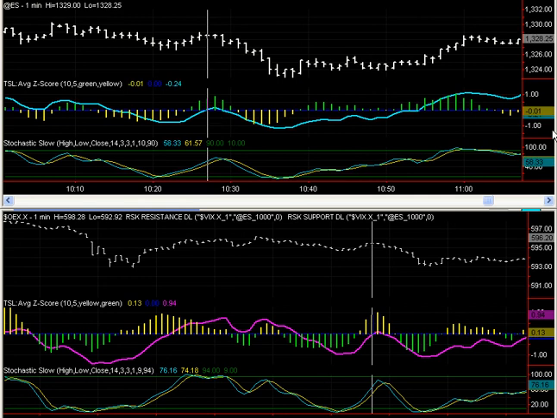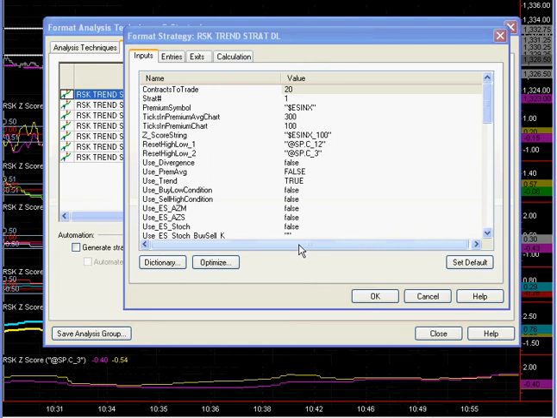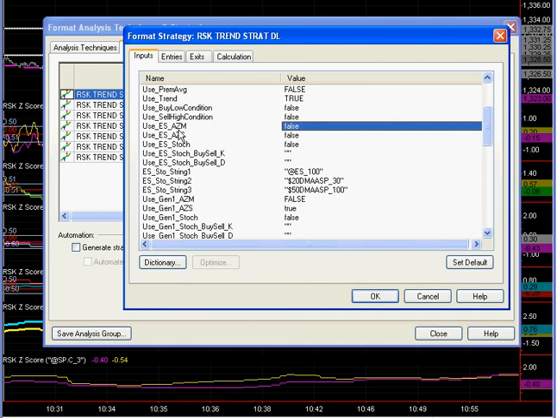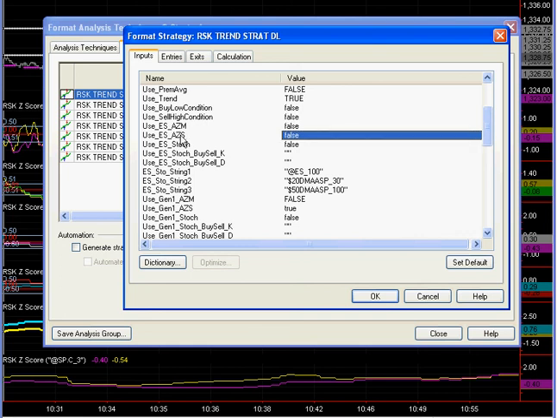So in our strategy, for example, we will have a switch that tells us to look at either the slope of the momentum or the slope of the Z-score average. We can just turn either one of these or both to a true condition, and then we know we're looking at that component of the indicator.